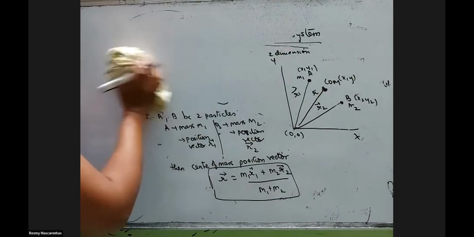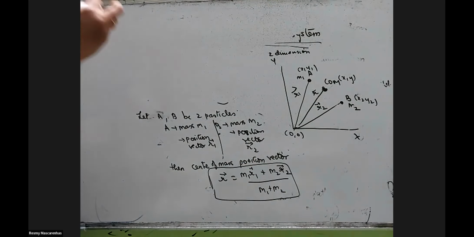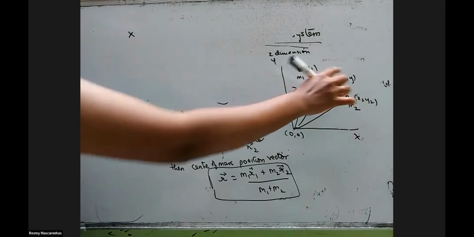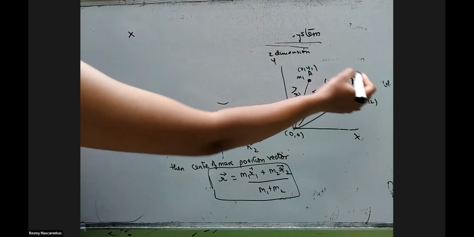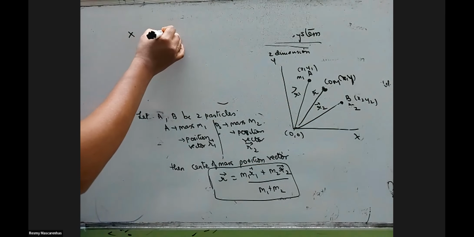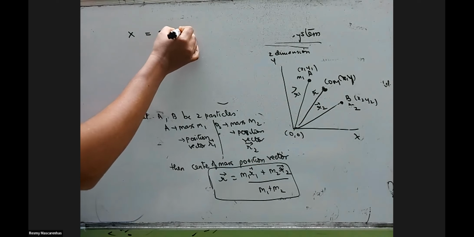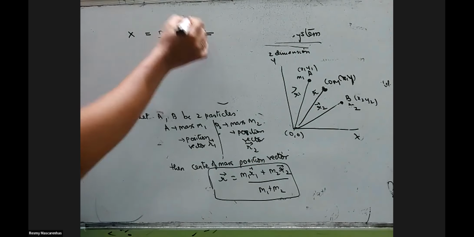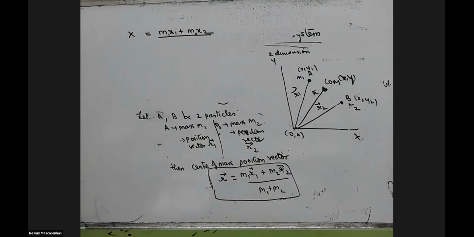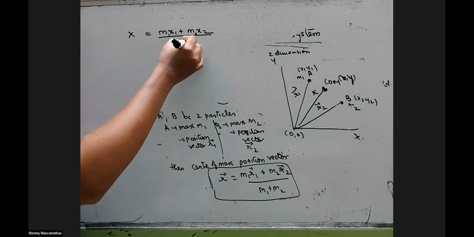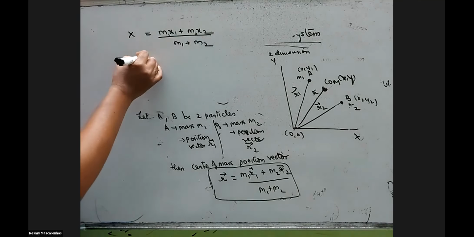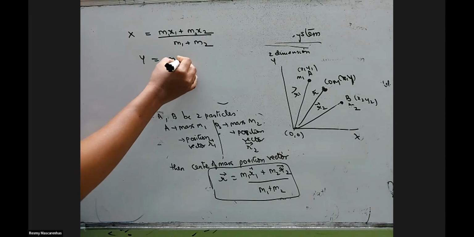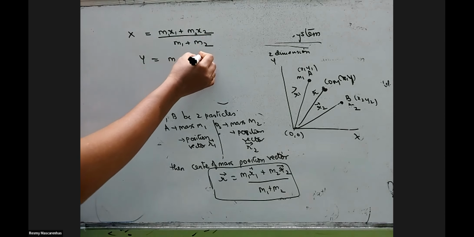Suppose I have to find the x coordinate, this x, capital X, then it is m1 x1 plus m2 x2 upon m1 plus m2. The y coordinate will be m1 y1 plus m2 y2 upon m1 plus m2.